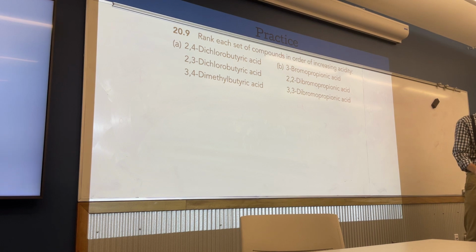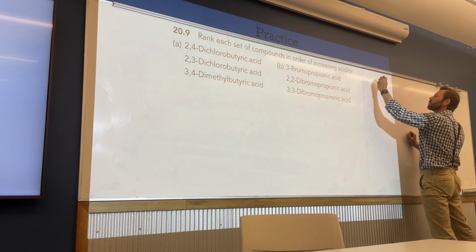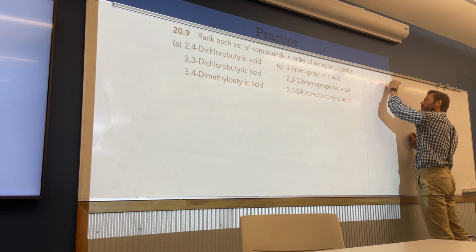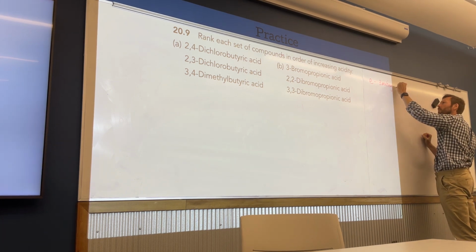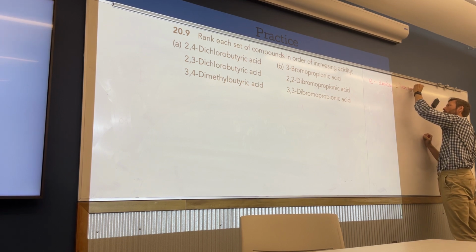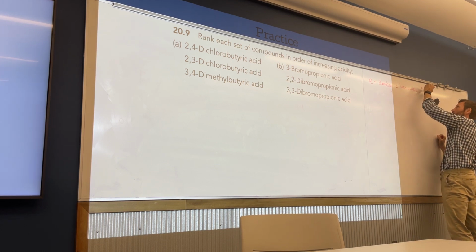So we can actually rank things by how acidic they are based on what kind of groups they have in terms of electron donating and withdrawing. If you're electron donating, you're going to be less acidic, or the pH is going to be higher.